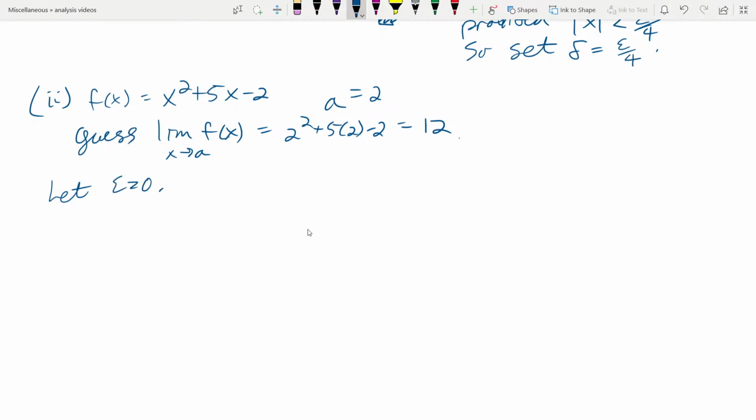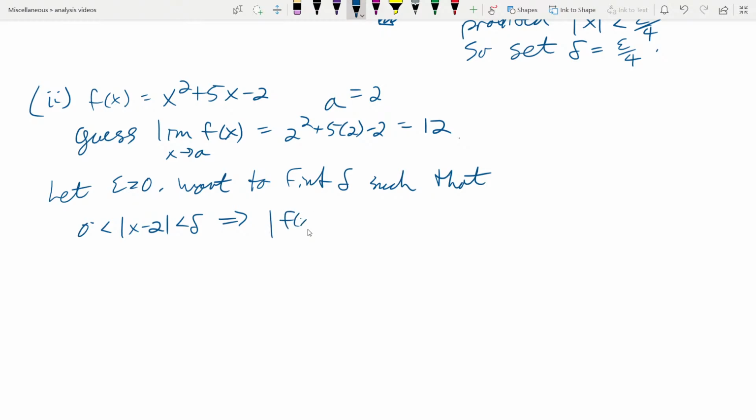Okay, so let epsilon be bigger than 0. We want to find delta such that absolute value of x minus 2 less than delta implies absolute value of f of x minus 12 less than epsilon.